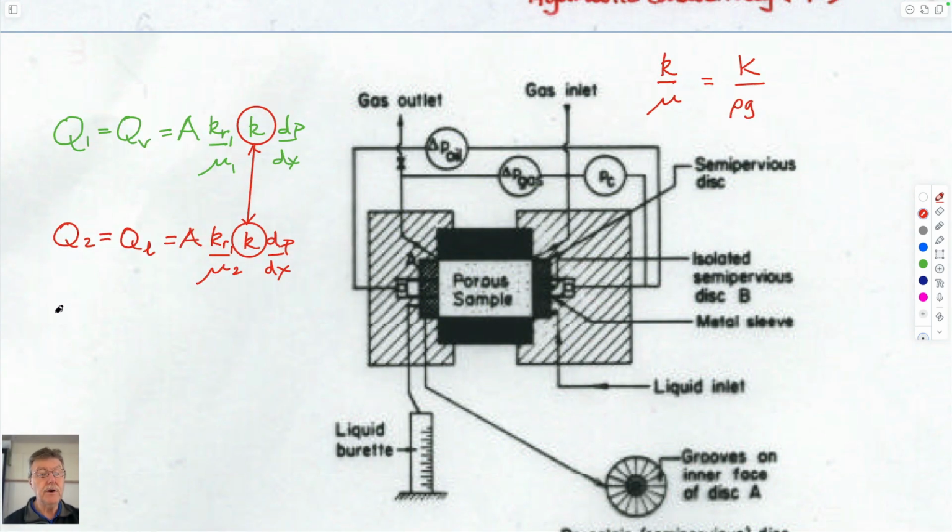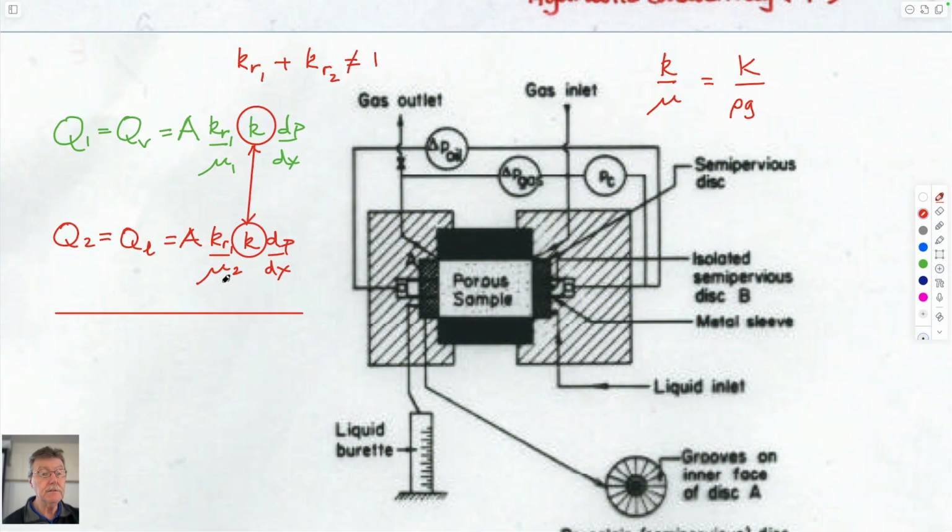And the final way of being able to evaluate that is in terms of this. Permeability is a function of the medium only, not the fluid, not the temperature, which is useful. Relative permeabilities, which may or may not add to 1. Not necessarily equal 1.